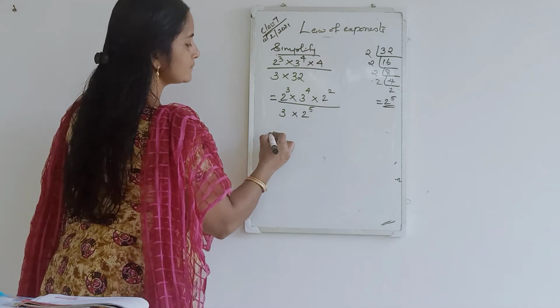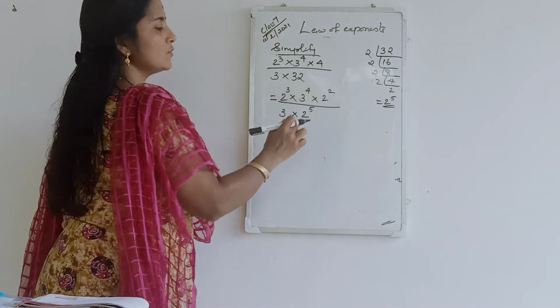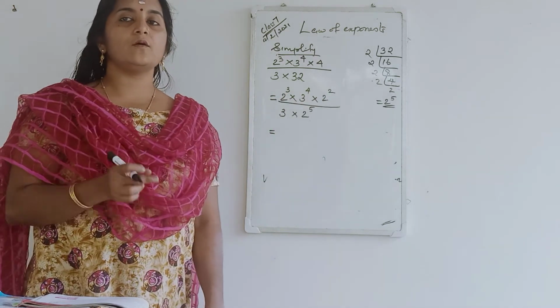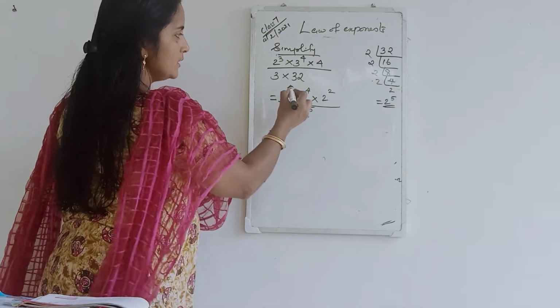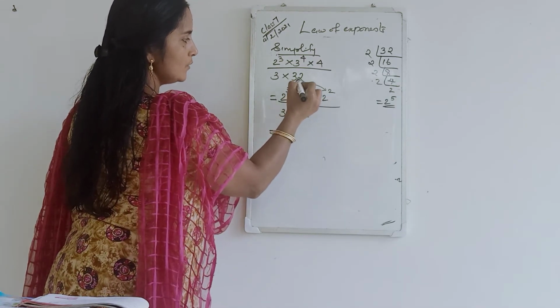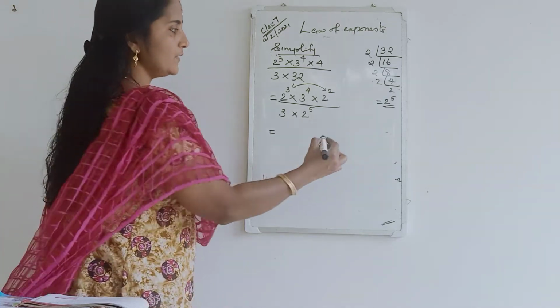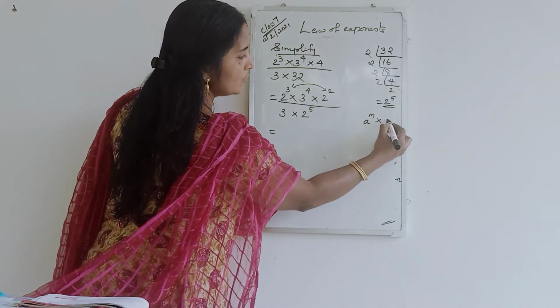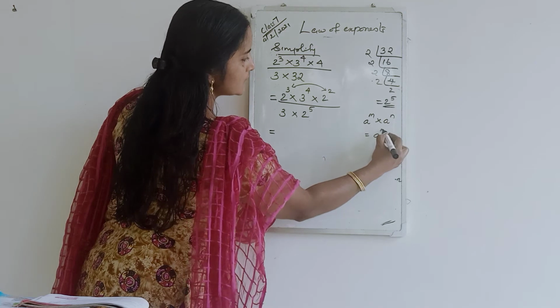Then 2 raised to 3 into 2 raised to 2, we can apply the law a raised to m into a raised to n. So take these two terms together and apply the law, it is a raised to m plus n.